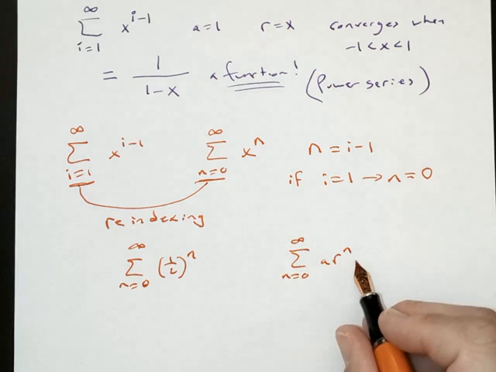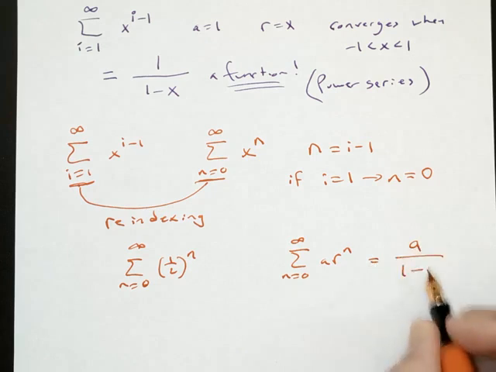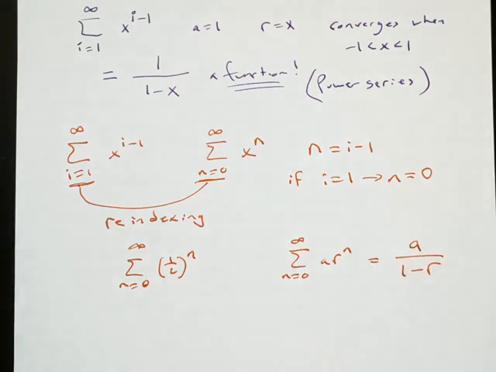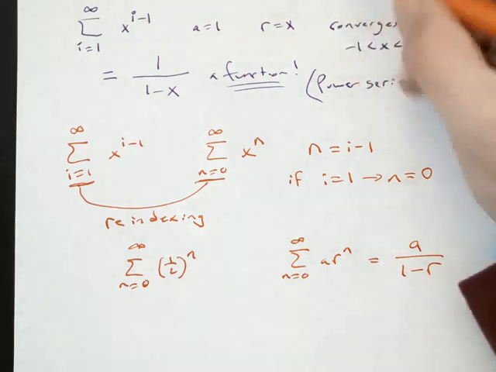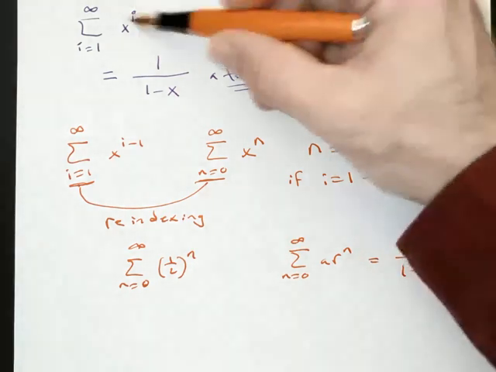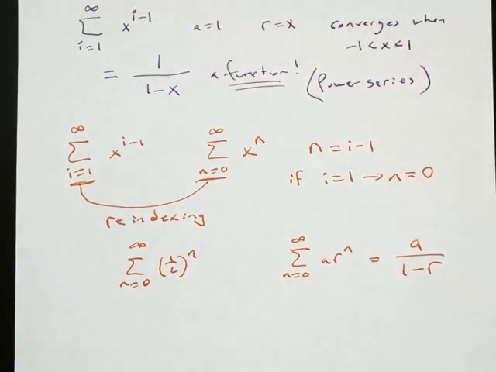It's not n minus 1 anymore, is it? But this is now starting at 0, so this is still the same total. So the question is, do you want to see an nth power, or do you want to see an n minus first power? Because you're going to get the same formula, you just have to look at what your index is. This does come up later on again when we start looking at other series. I promise there's a use for this.